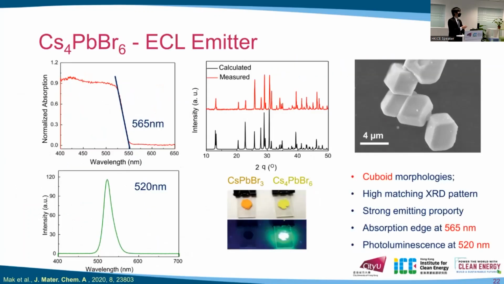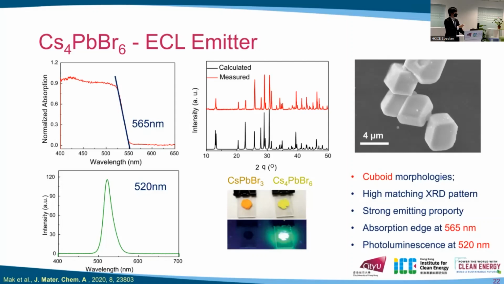Apart from the organic emitters, we are also interested in studying emitters using halide perovskite materials. Our target analyte is the Cs4PbBr6, which is a zero-dimensional material. We can see here under the UV light irradiation that the zero-dimensional material has very intense emission.